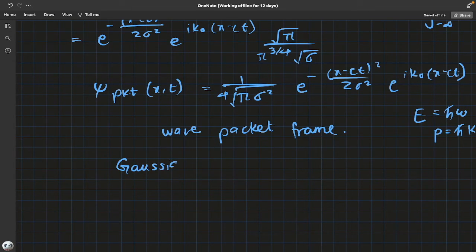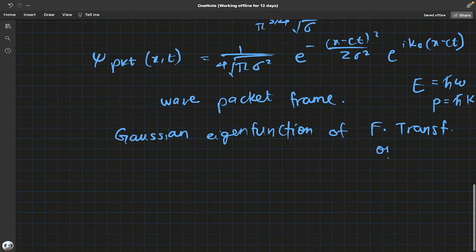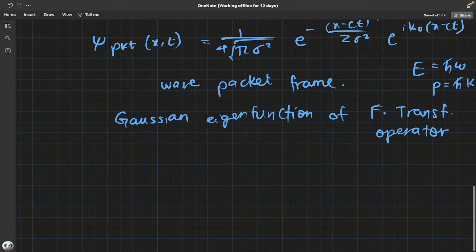One way to put it is a Gaussian is an eigenfunction of the Fourier transform operator. Or in this case, it was the inverse Fourier transform, but this stuff is analogous, interchangeable.